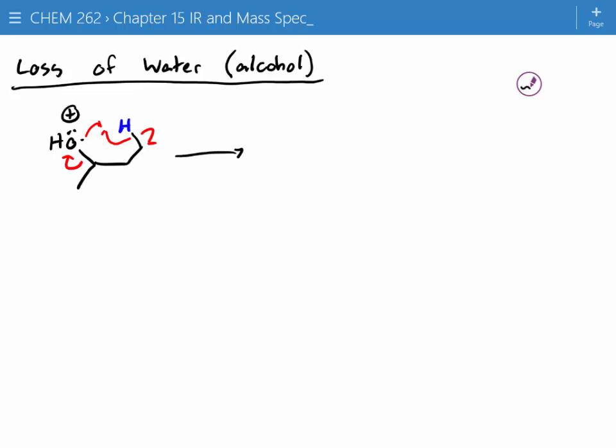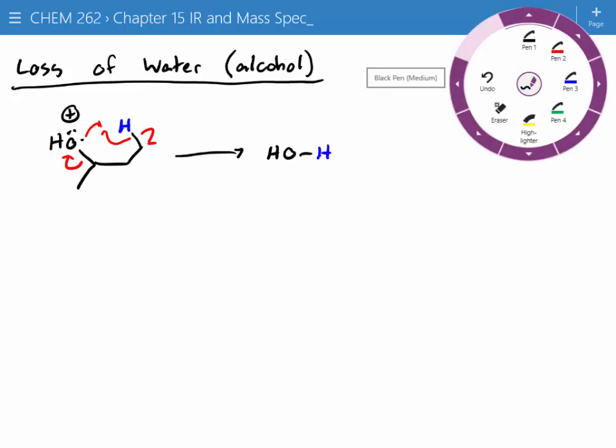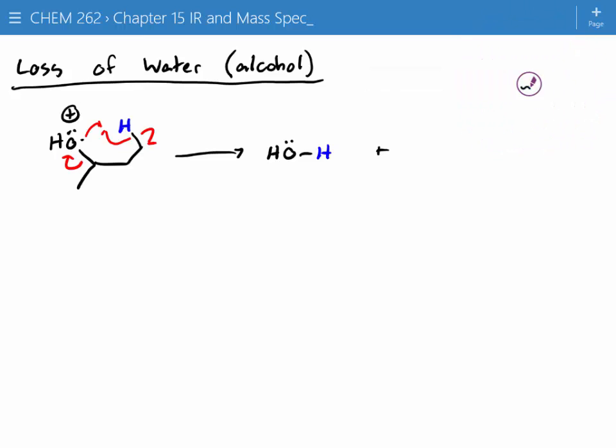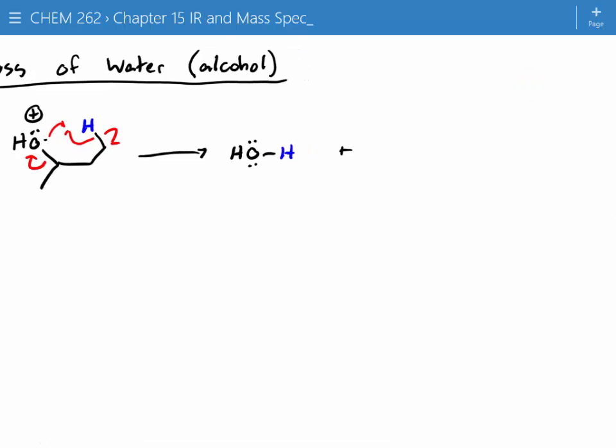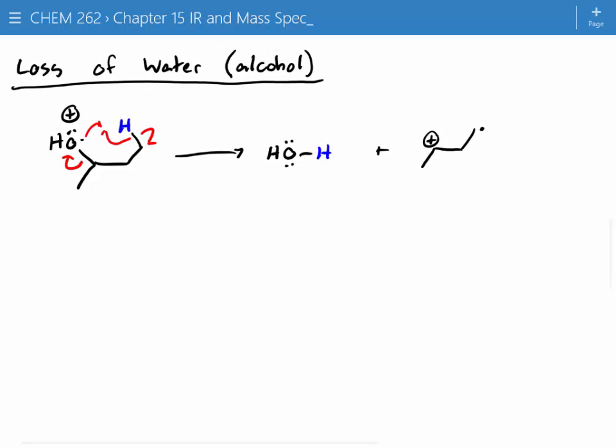And if we look at what's going on here, we're going to eject off this water molecule, and it will have 2 electrons on that oxygen. And then we're going to form a new radical, specifically a new radical cation. So there will be a cation in the position where the carbon was, and then we'll form a radical over here. So it's pretty common anytime you have an alcohol to observe a loss of a water peak.